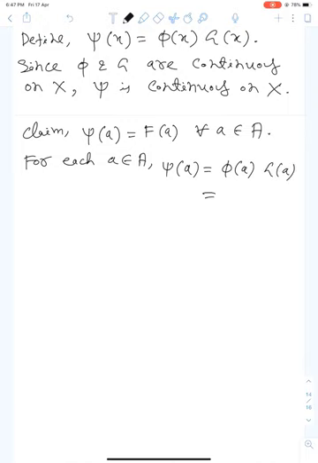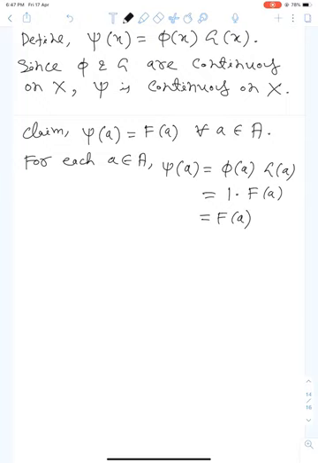Now what is phi(a)? We know phi gives the value 1 on the set A. Therefore it is 1, and we know g(a) equals f(a) because g is a continuous extension of f. So it is just f(a).